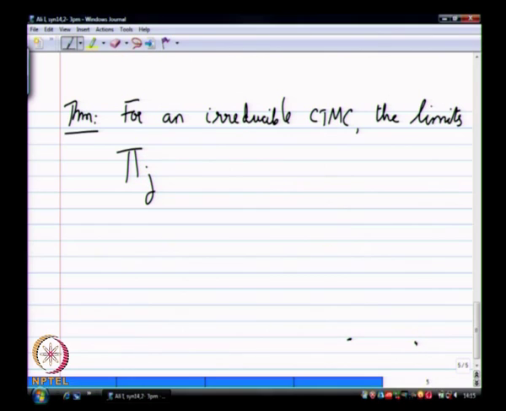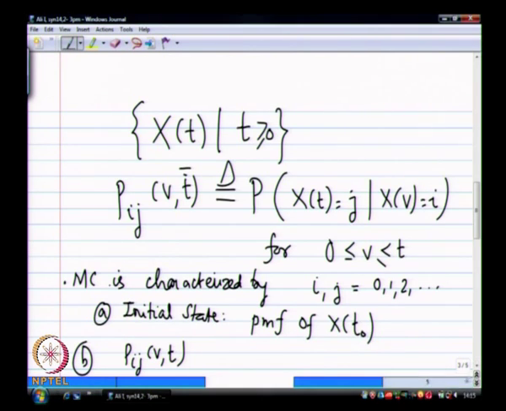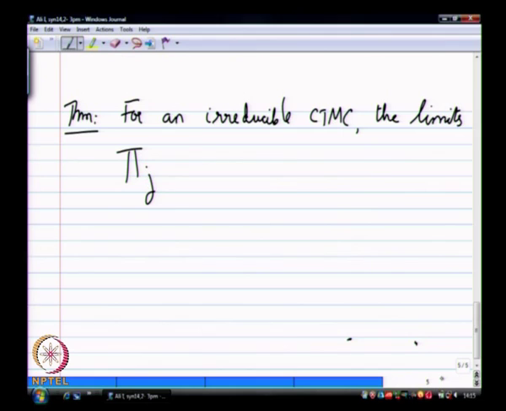So pi j is the steady state probability of being in state j. Technically every instant of time this probability will change, but at time approaching infinity it reaches steady state, so there is going to be no variation.